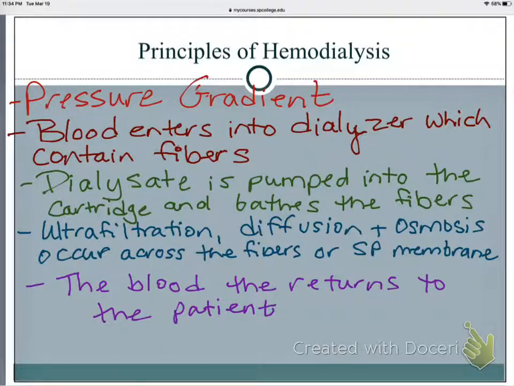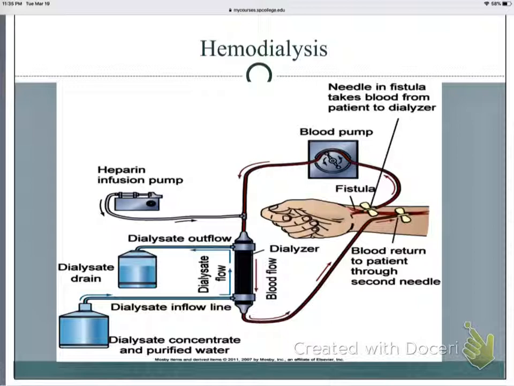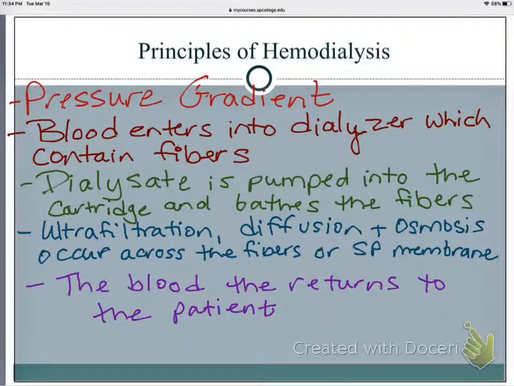I think I have a picture. Here's your picture to show you. So large bore needles are inserted into the fistula or the graft to obtain the vascular access.